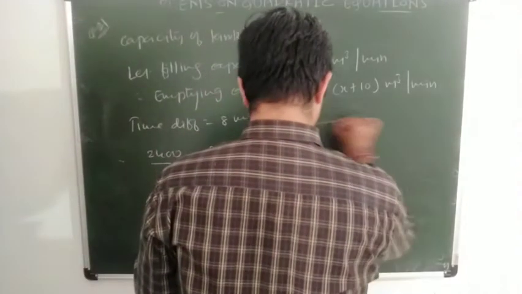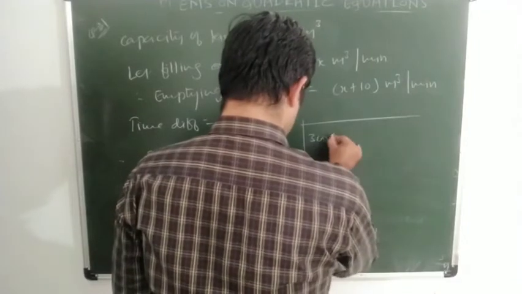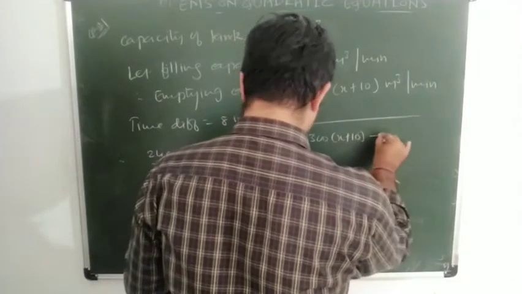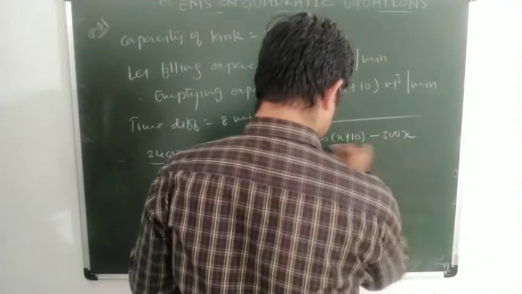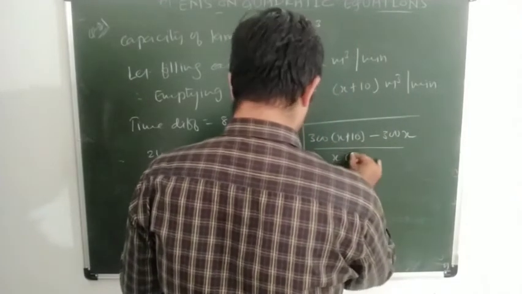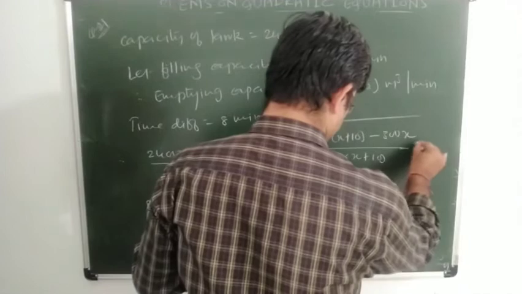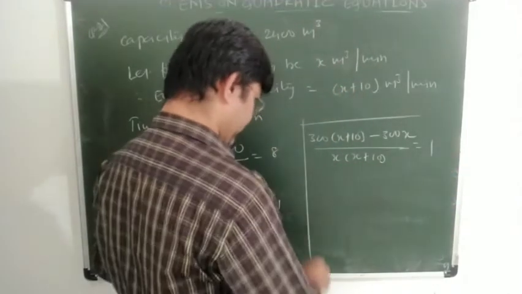Okay, now you can simplify. 300 into x plus 10 minus 300x upon x into x plus 10. On the right hand side we have 1.